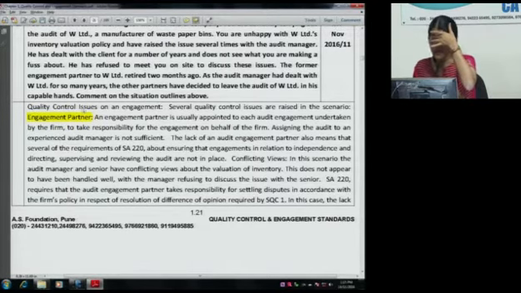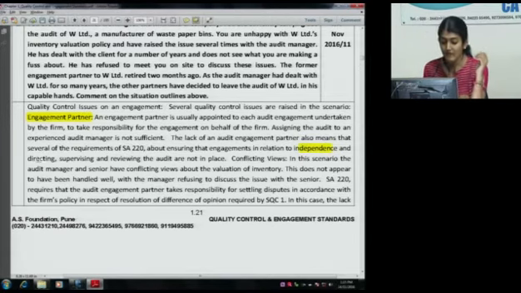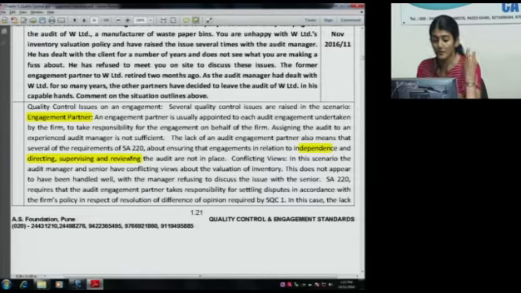An engagement partner is usually appointed to each audit engagement undertaken by the firm to take the responsibility for the engagement on behalf of the firm. Assigning the audit to an experienced audit manager is not sufficient. The lack of an engagement partner also means that several other requirements of SA220 about ensuring that the engagement is in compliance, in relation to independence and DSR of the audit, are not in place.